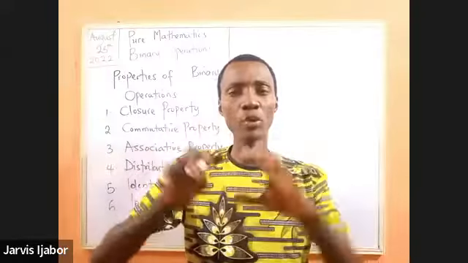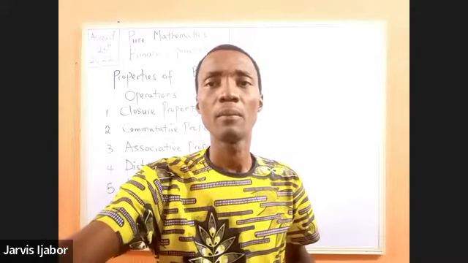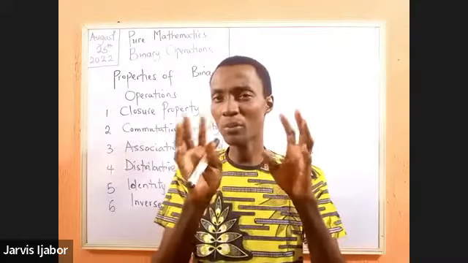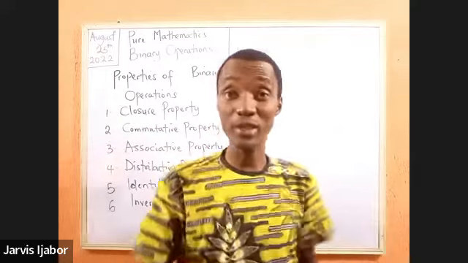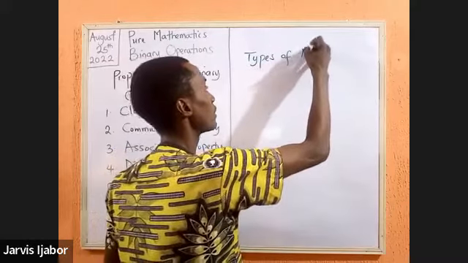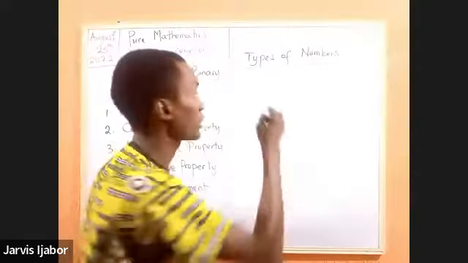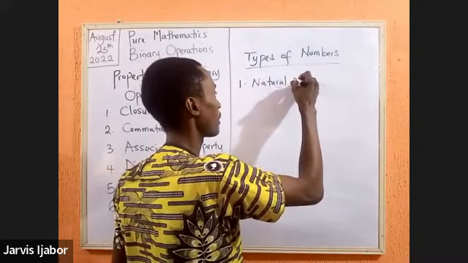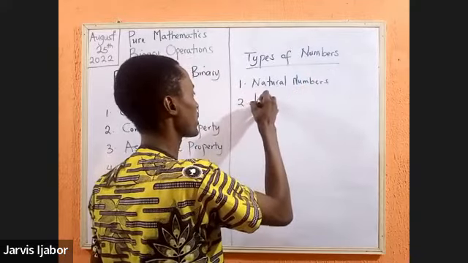We'll be looking at the properties and numbers. Remember we talked about numbers, and we said that numbers have different types, and I tried to list them the other day. These are the things that will improve your understanding of the topic. Number one, we have natural numbers. Number two, integers.